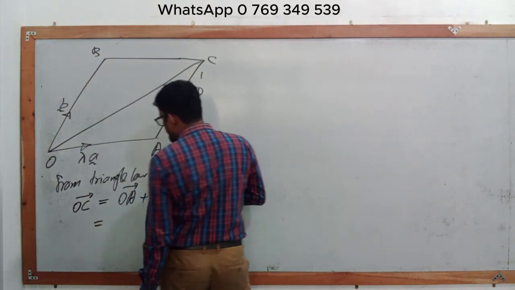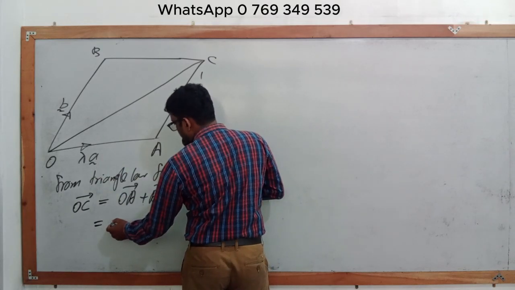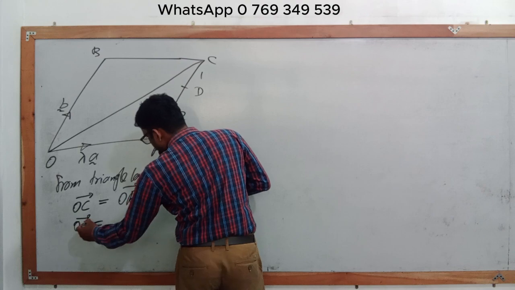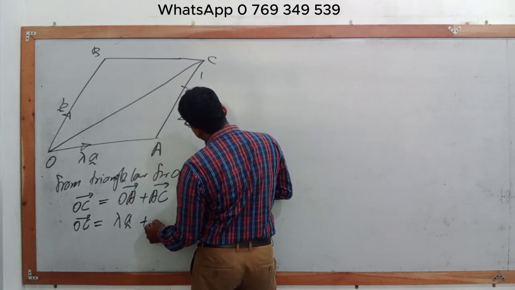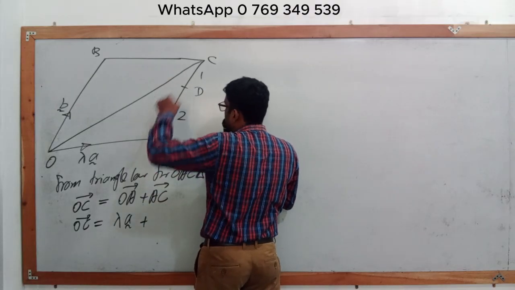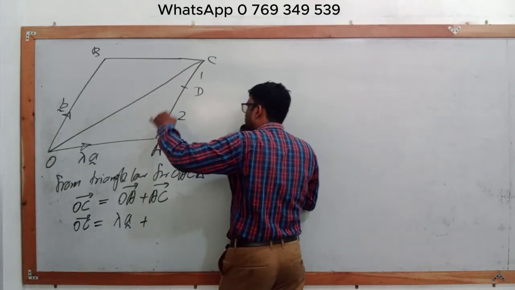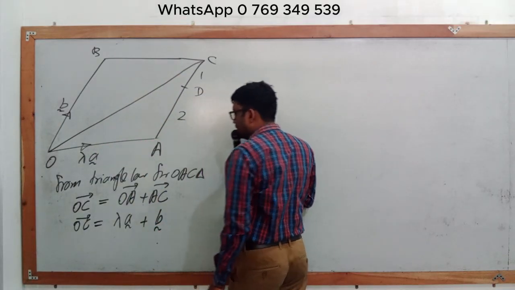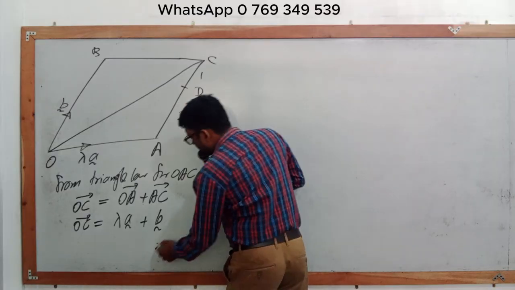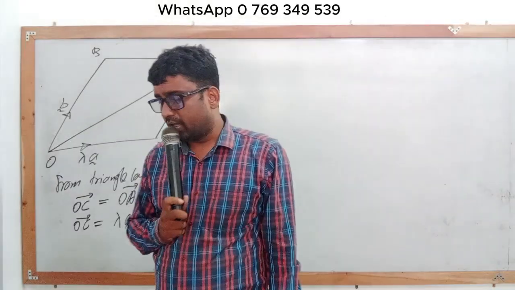What is OC? OA is lambda A, and AC is parallel to this one, and this one and this one are equal. Because of that, this is parallel, we can use it directly like that. That is enough. No need for other calculation.